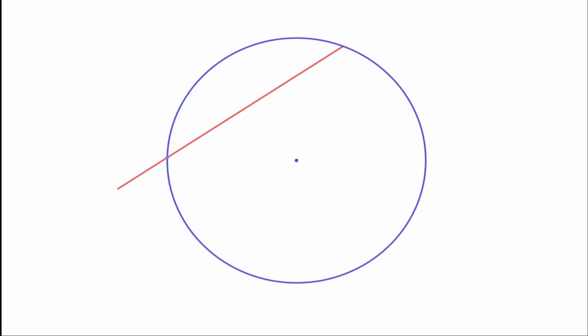Now draw a line perpendicular to this line and through this point on the circle, like this. Now mark the points where these lines intersect the circle and join them. Is it the diameter? That is what we have to determine.